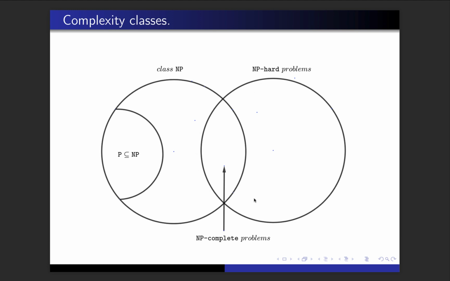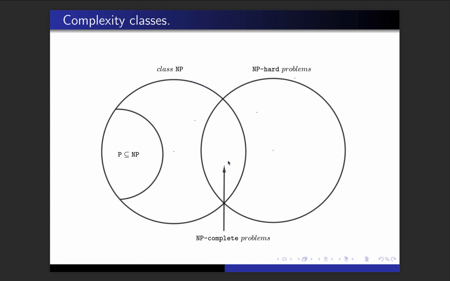This may intersect the class NP, and the intersection is what we define as NP complete. These are problems that are in NP and also NP hard. So they live in the class NP, and candidate solutions can be verified in polynomial time. But if I solve these, I will be able to solve every problem in the class NP because I can reduce every problem to these.